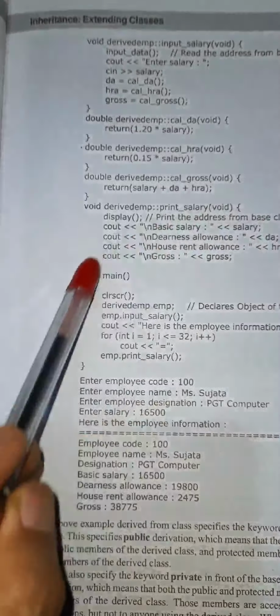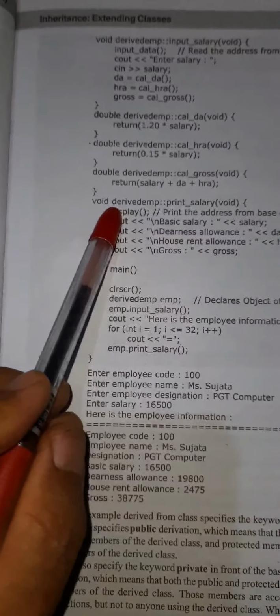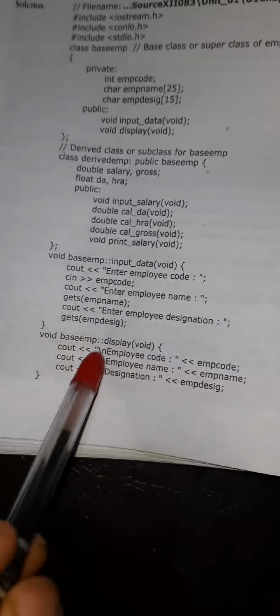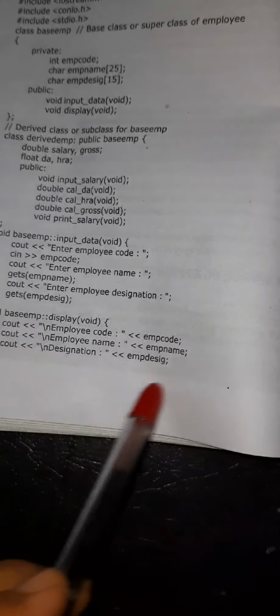So this function body gets executed. Here also another member function which belongs to the base class gets invoked. So display, it comes here and this statement gets executed. So it displays the employee code, employee name, employee designation, so you get the full employee details.